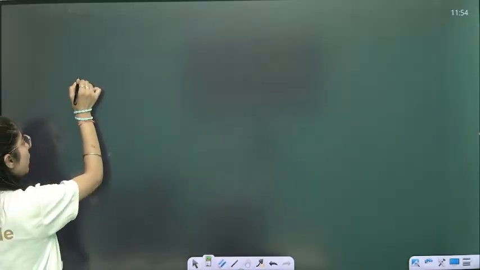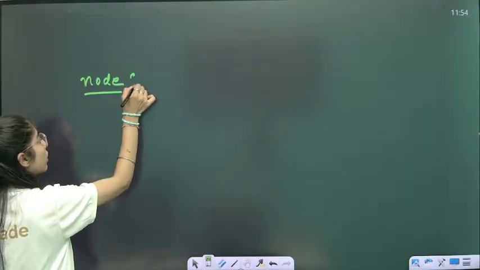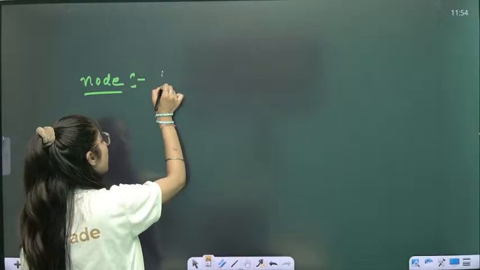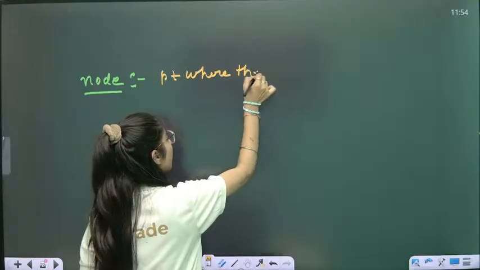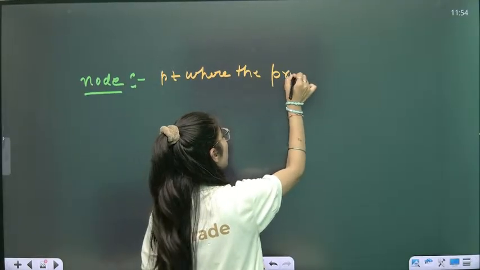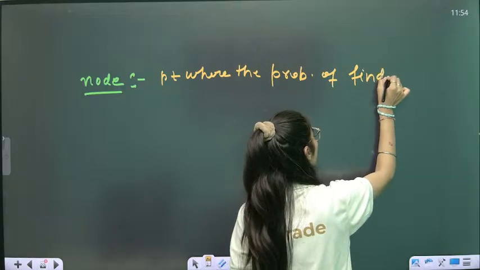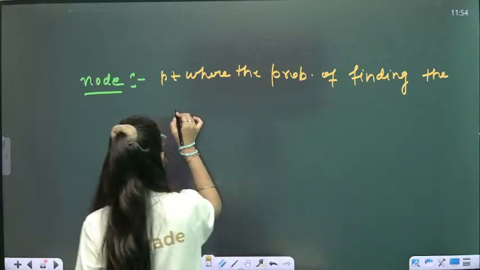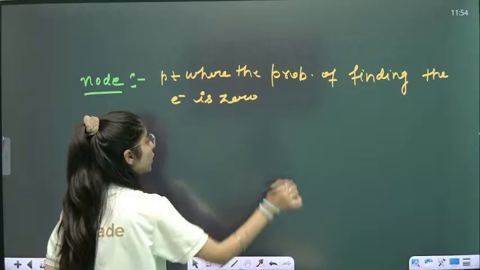Let me tell you the meaning of node. A node simply represents the area, or I would say the point, where the probability of finding the electron is 0.